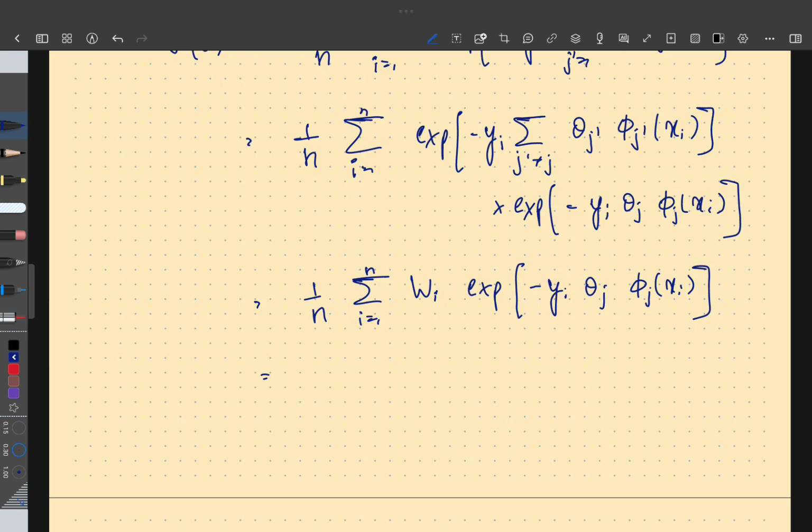So let's split these n terms into those terms for which this product is equal to plus 1 and those terms for which this product is equal to minus 1.